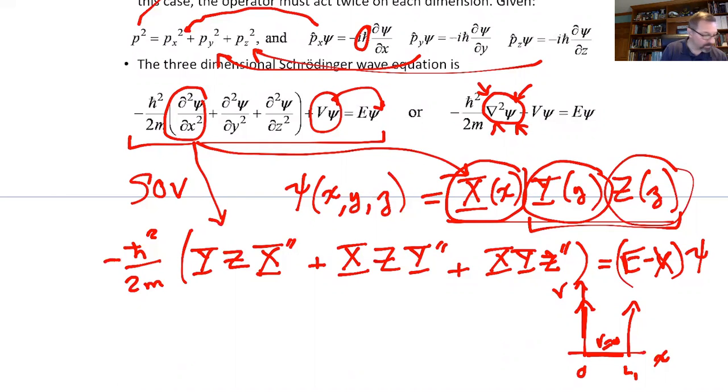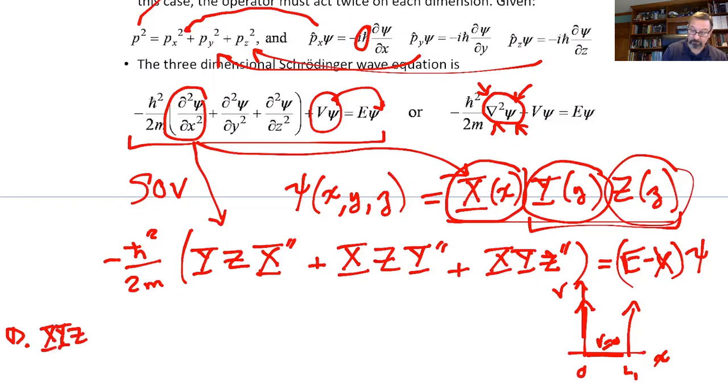All right, I think I'm going to do a little bit of manipulation on this equation, because I've assumed a solution that separates out variables. Now I got to take this equation and cause that to happen. And so the step we go with next is to divide each term by the x, y, and z functions.